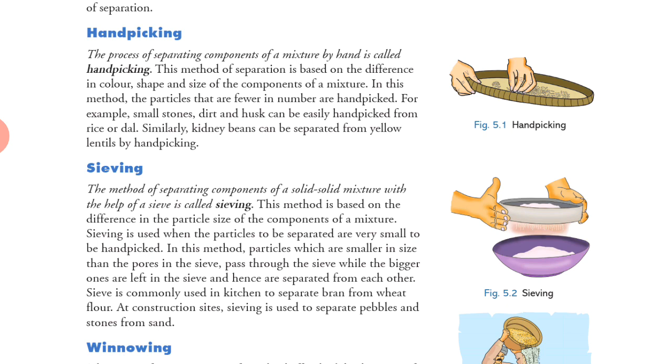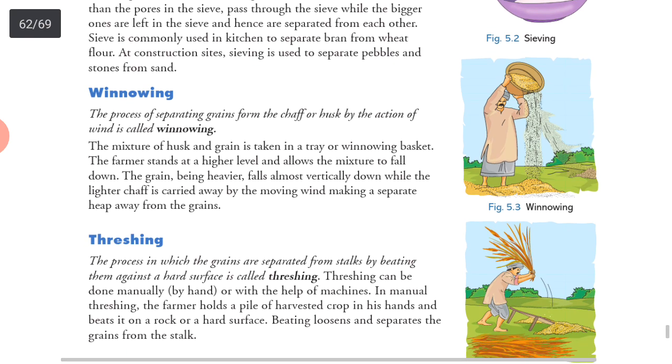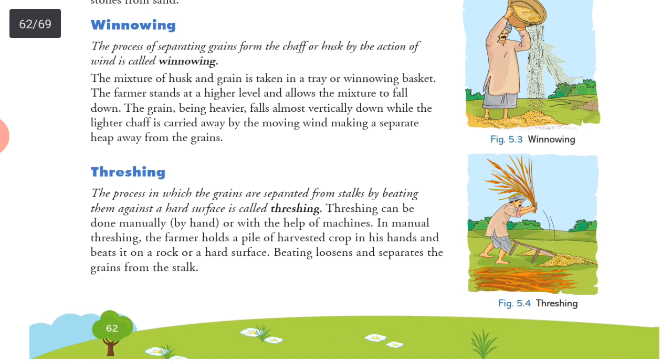A sieve is commonly used in the kitchen to separate bran from wheat. At a construction site, sieving is used to separate pebbles and stones from the sand.